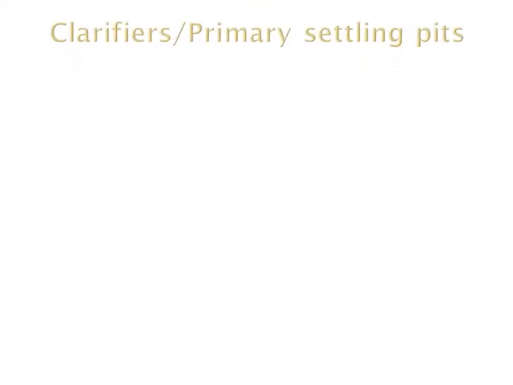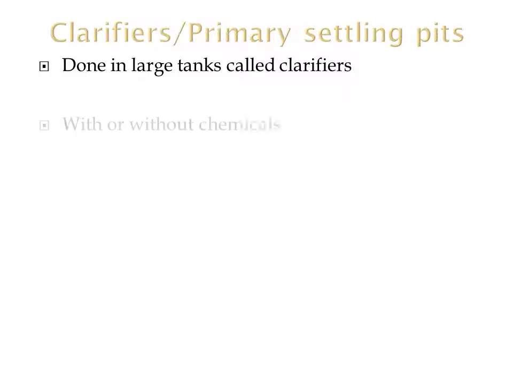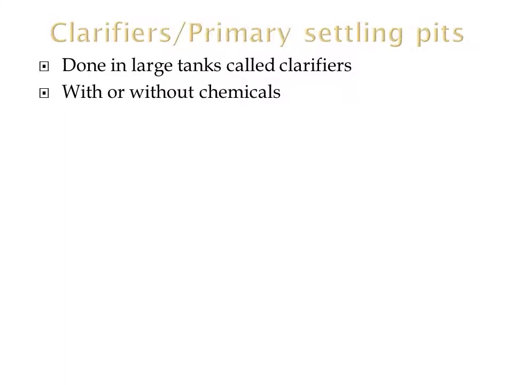Clarifiers or primary settling pits. Clarification, or the process of separation of wastewater from sludge, is done in large tanks, and these large tanks are termed as clarifiers. Clarification is done with or without chemicals.